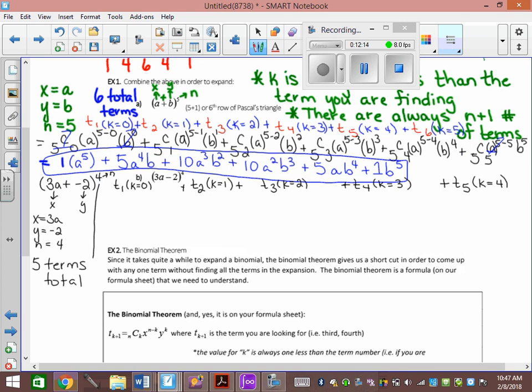So, n = 4 equals 4C0 times x, which is 3a, to the 4 minus 0, times y, which is -2, to the 0, plus 4 choose 1 this time.